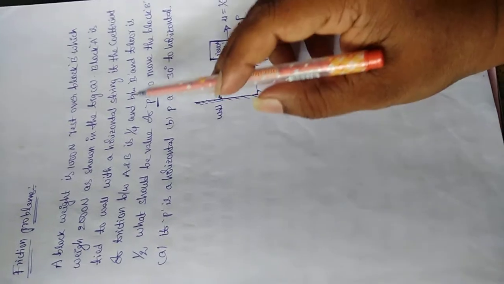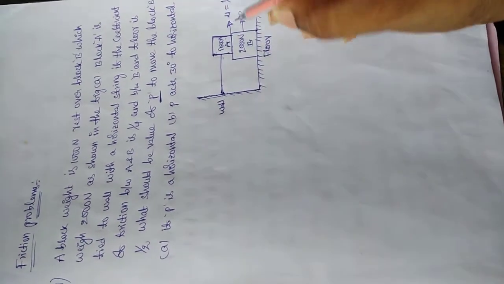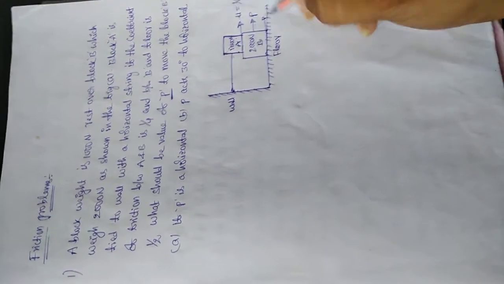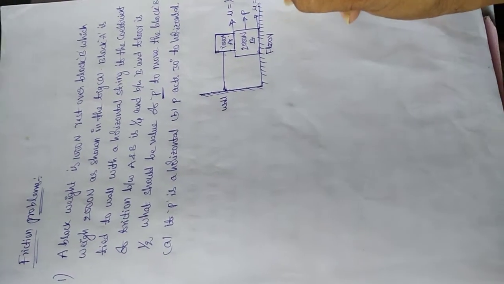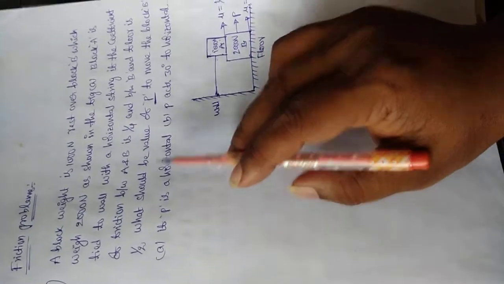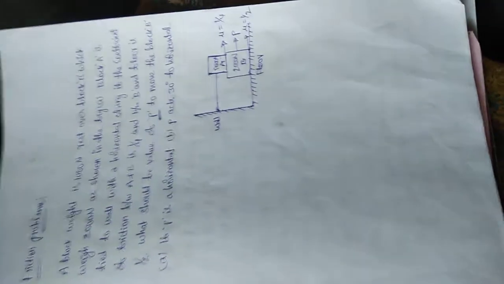The coefficient of friction between block B and the floor has been given as 1 by 2, and he is asking what should be the value of P.